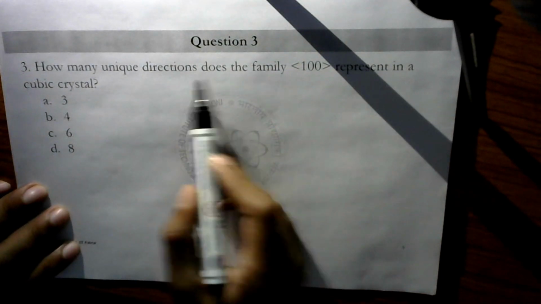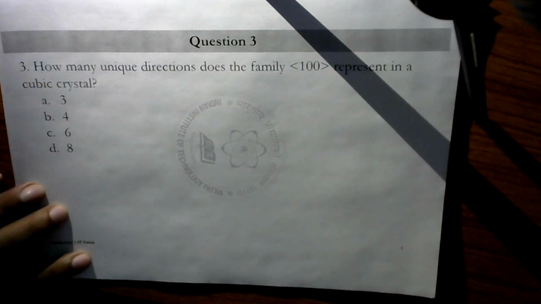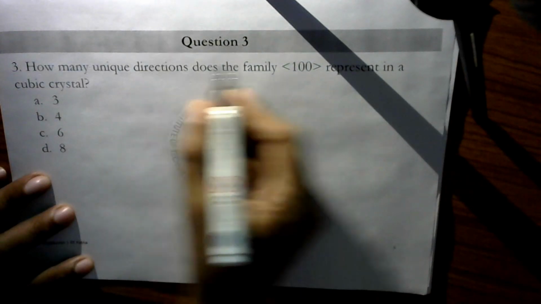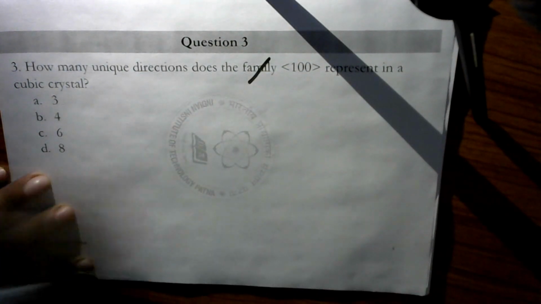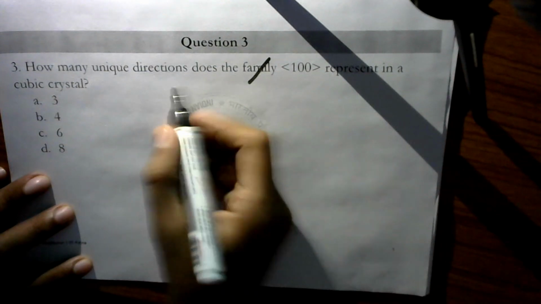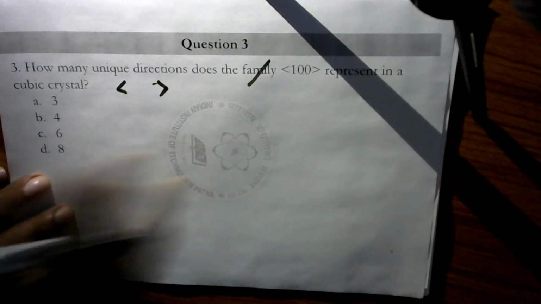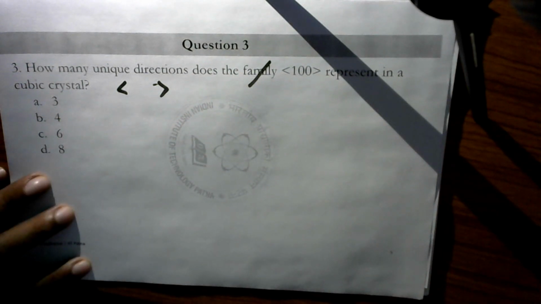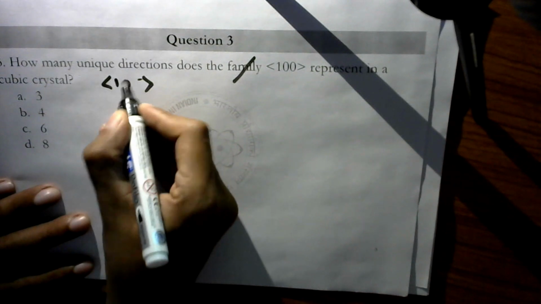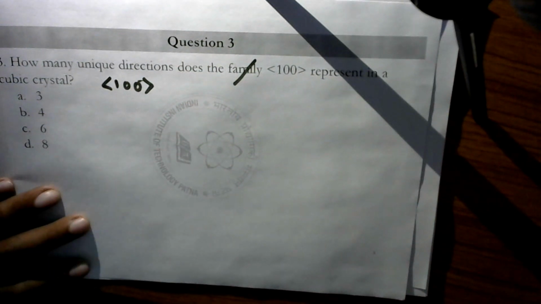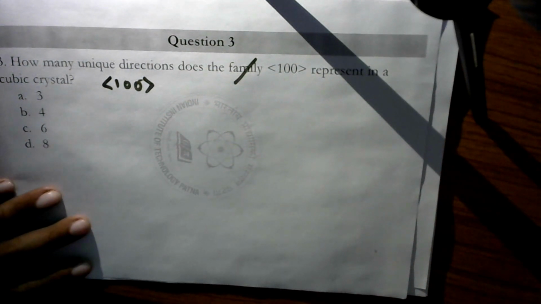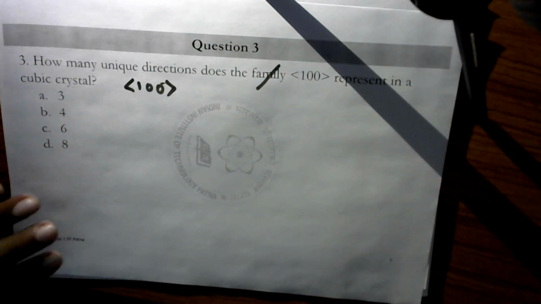How many unit directions does the family 100 represent in the cubic crystal? Even if I had not written the word family, this angular bracket itself is sufficient to tell that it's a family of directions. So tell me which directions will contribute to this family.